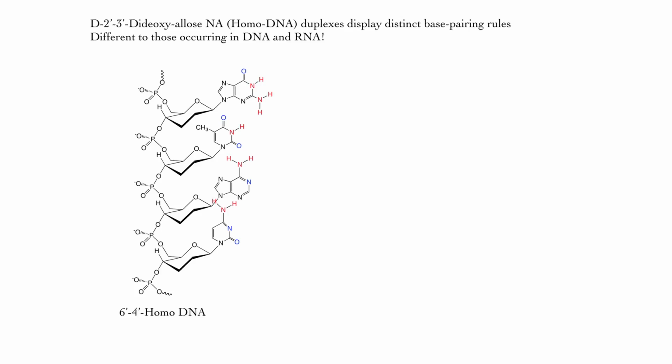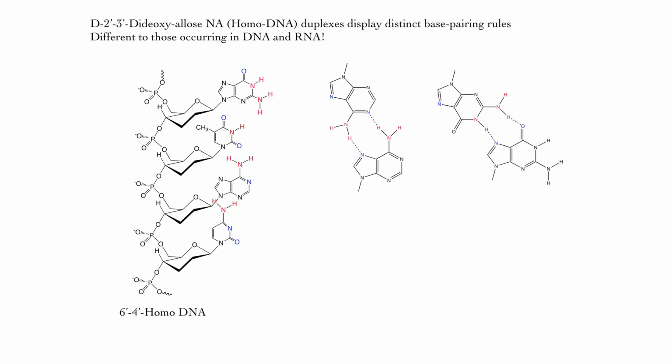This is 6', 4' homo DNA. You see these other interactions, sort of Hoogsteen adenine AA and GG pairings, something you don't see in naturally occurring DNA and RNA.